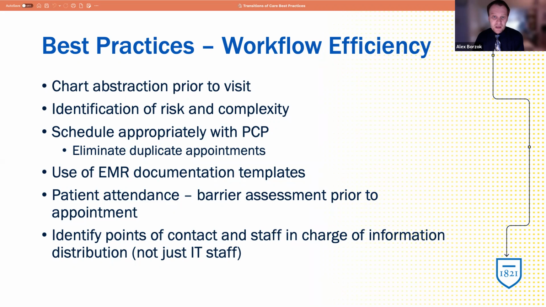Are they put into the appropriate time slot? Are they given a time that is not going to be longer or shorter than what you need to get through all of the information that you need? Also, are there duplicate appointments? Are you seeing a patient that is on another provider's panel, and then are they coming back in 2 days later and seeing that provider for the same exact thing that they saw you?